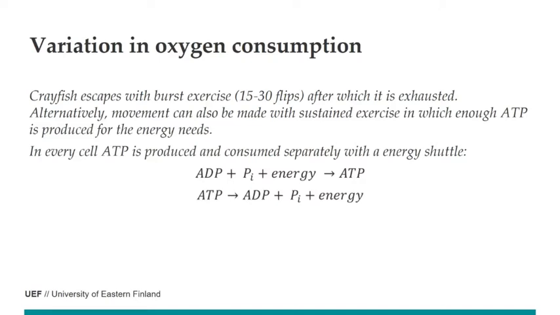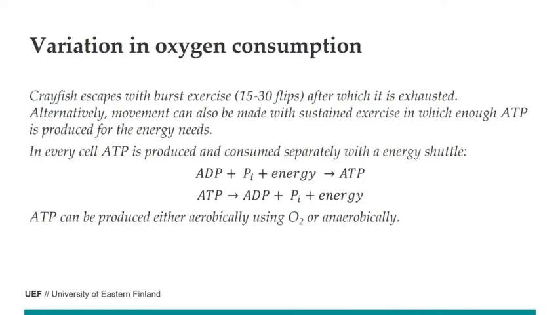But from ATP, you can cut the last phosphate to produce ADP and release the energy. And of course, ATP can be produced in two ways: either by aerobic metabolism, meaning with oxygen, or anaerobic metabolism, without oxygen.